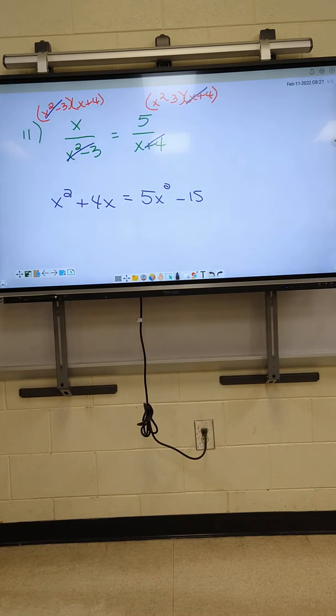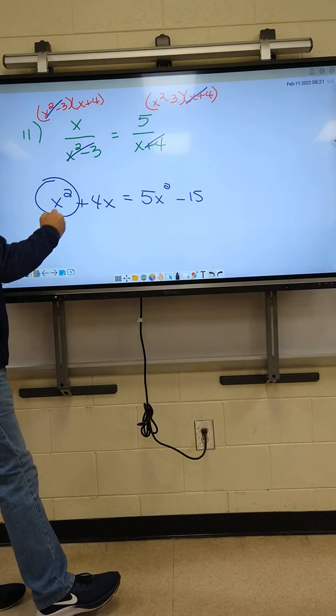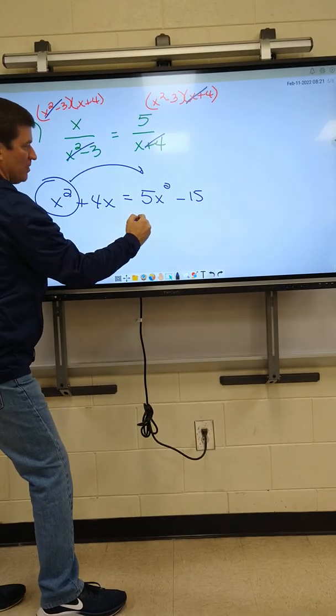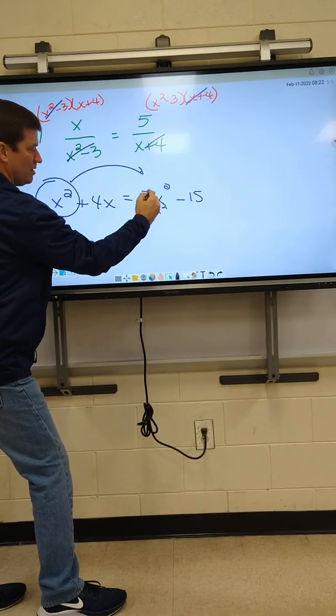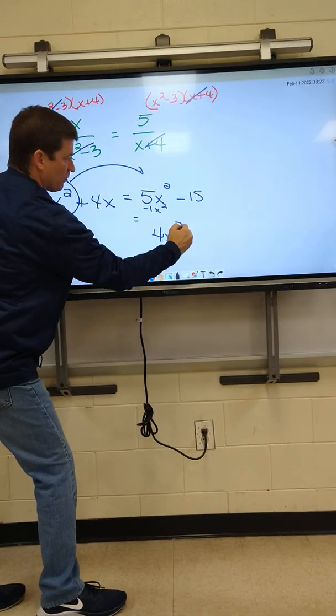All right, so will we have to do quadratic formula on this one? Yes, because I've got an x squared in my problem. All right, does it matter which side of the equal sign I move all my numbers? Not really. I'm going to move 1x over here, make it negative 1x squared. That's going to give me 4x squared on the right side.